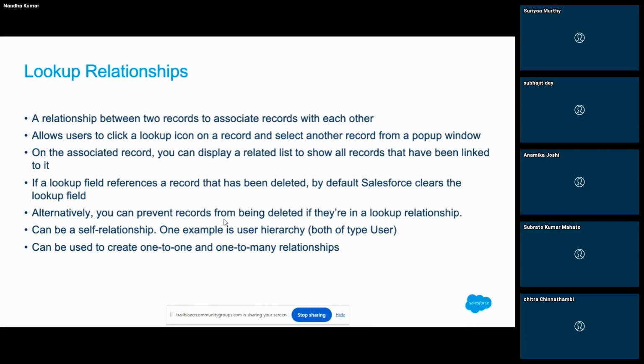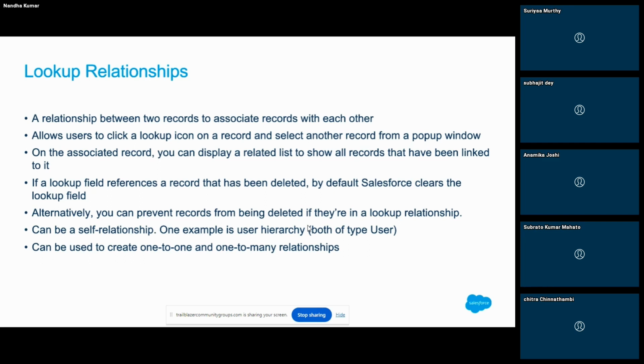You can prevent records from being deleted if they are a lookup relationship. Which means, if you delete the child record, nothing will happen to the parent record. But if you delete the parent record, the child record has a value, right?